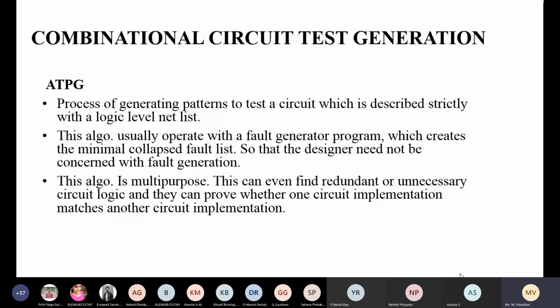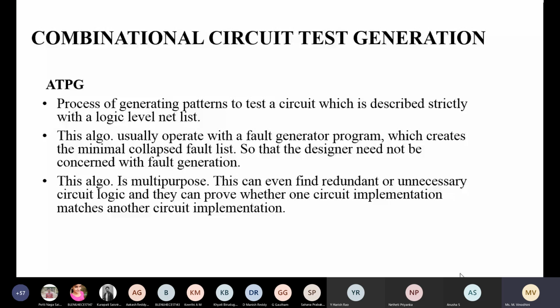Any fault present at that site is said to be a redundant fault. So with this ATPG algorithm, I can not only generate the test vector, I can also identify redundant blocks present in a circuit so that I can remove them. So ATPG algorithms are used for two purposes: one is to generate the test vector, another is to identify the redundant blocks and remove them. Clear? These are the two benefits of automatic test pattern generators.